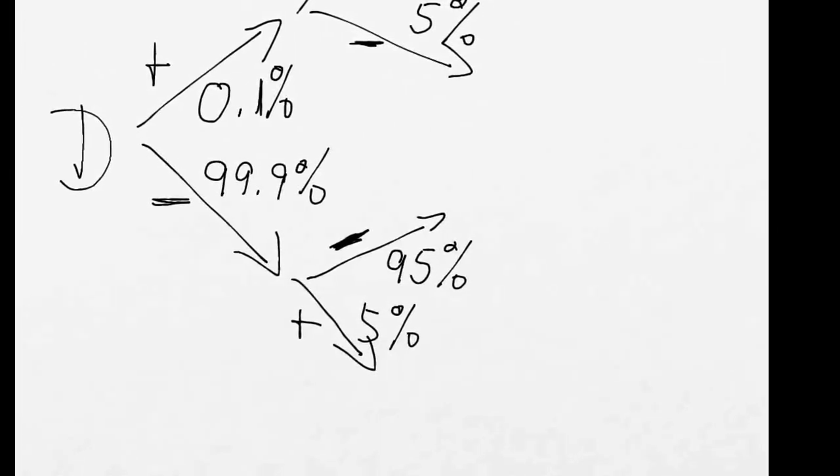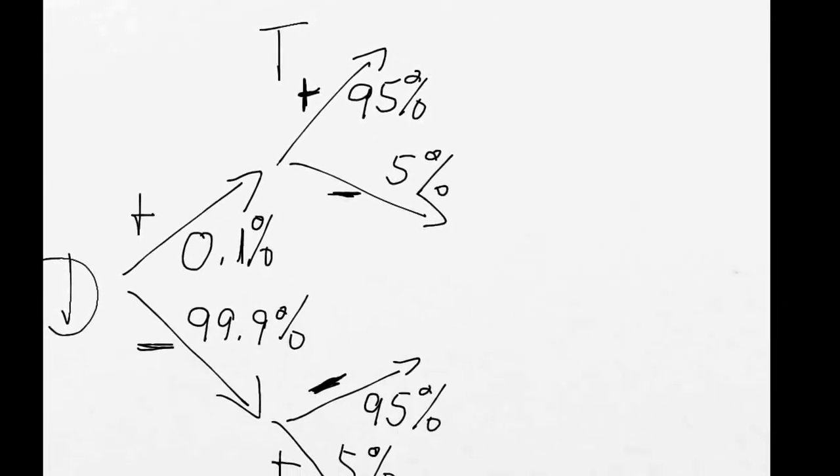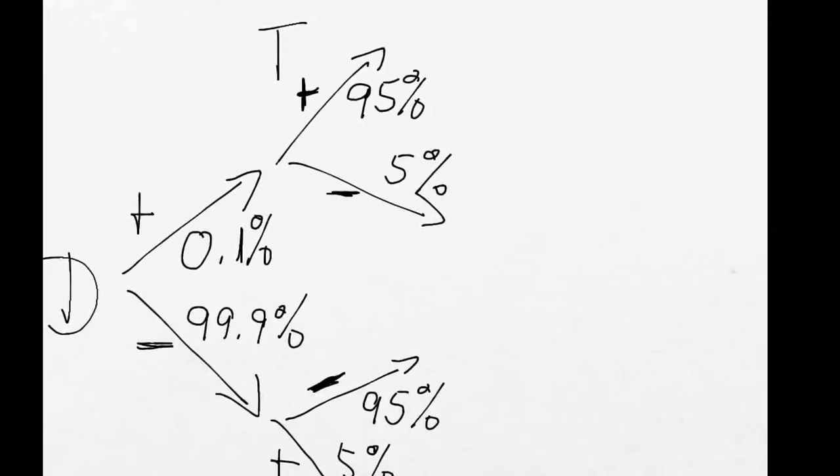So what we can do now is we just simply calculate numbers. And what we do here is we just multiply the percentages. So in the first case, it would be 0.1% times 95%. Yeah?